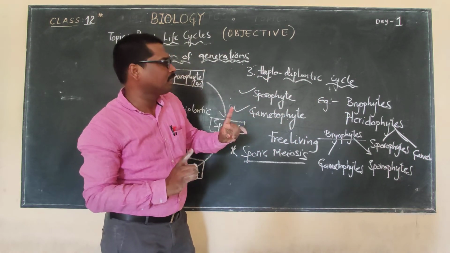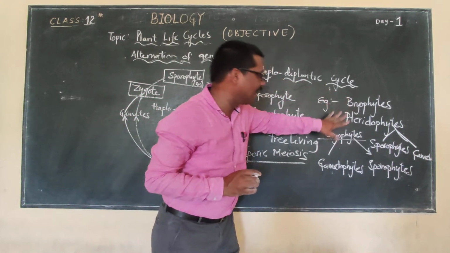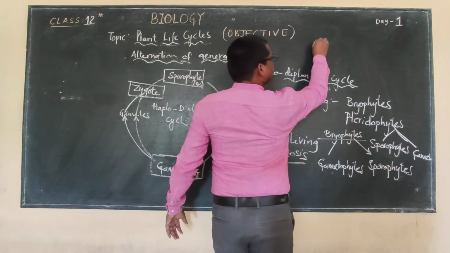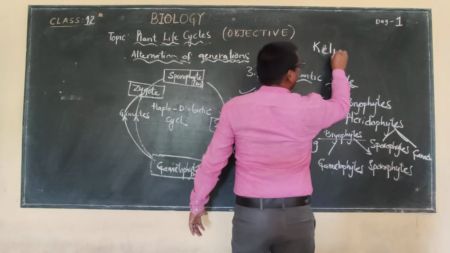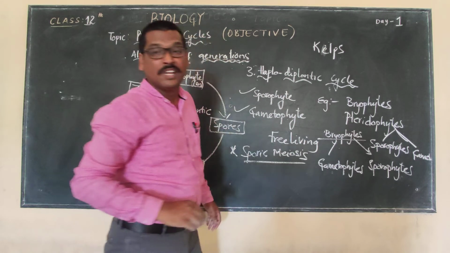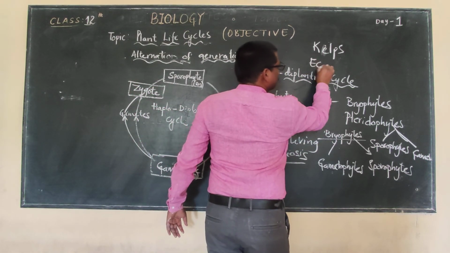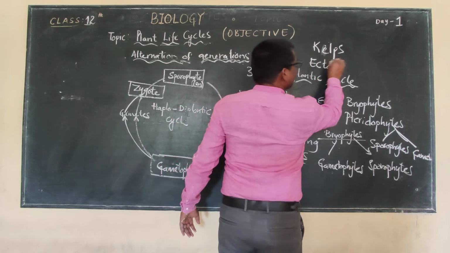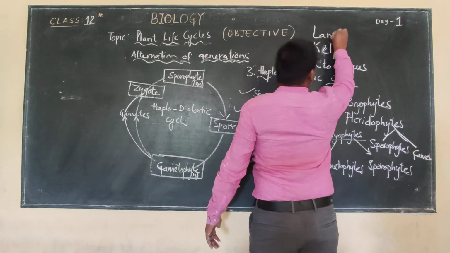But a very interesting thing that you have to keep in mind when we are talking about the haplodiplontic cycle is that there are other examples, like kelps. This is another example that we have to keep in mind. Another example of the haplodiplontic cycle is Ectocarpus, and the last one is Laminaria.